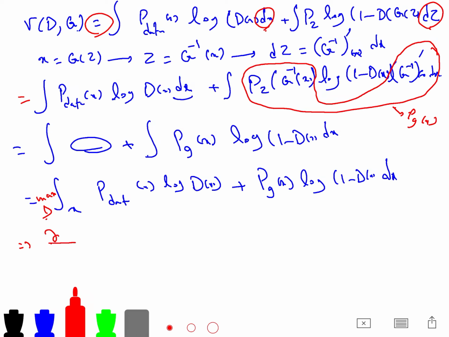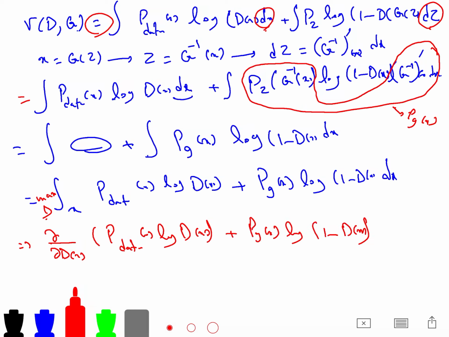From elementary calculus, we do this: p data of x log of D of x plus pg of x log of 1 minus D of x. Derivative with respect to D and then set it to 0.